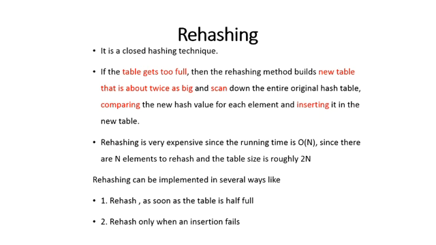So it is a very expensive operation, because rehashing uses all the elements to be rehashed again into the new table. So it will take the complexity of O of n. And when do we do rehashing? Whenever my table is filled up to 50%, I will do my rehashing process. Or else, when an insertion fails, then I will go for the rehashing process. So let us see an example.